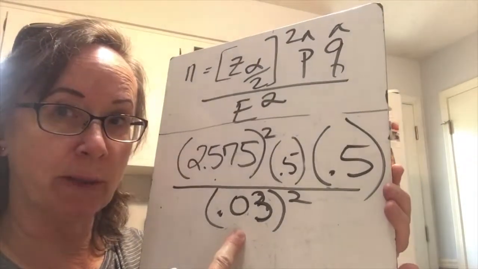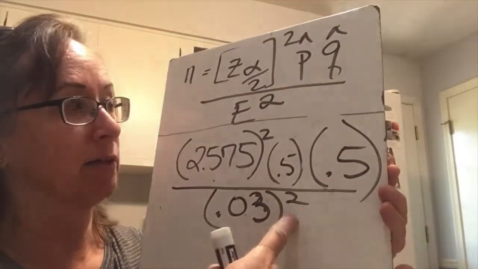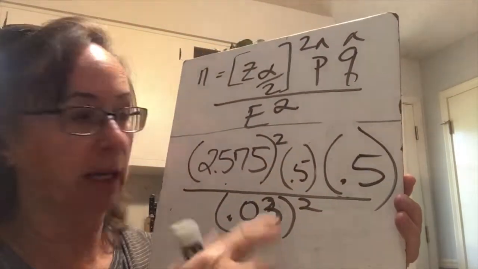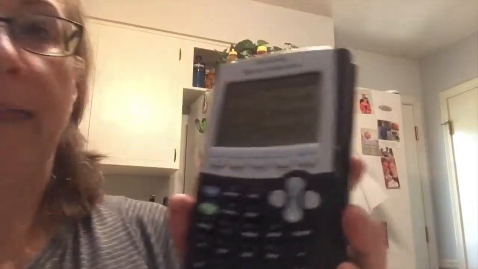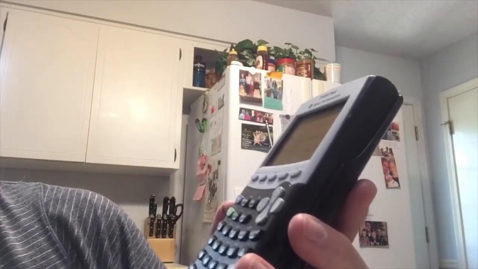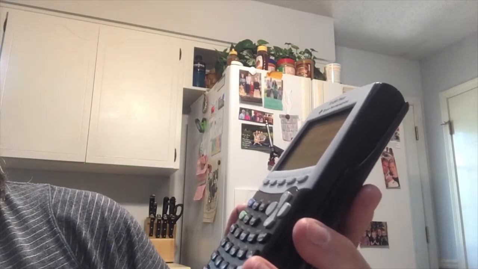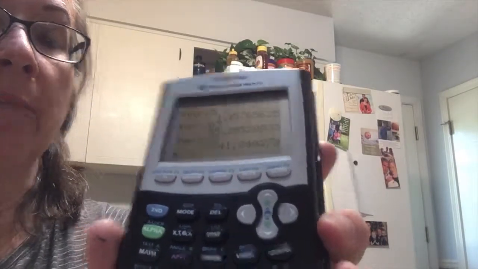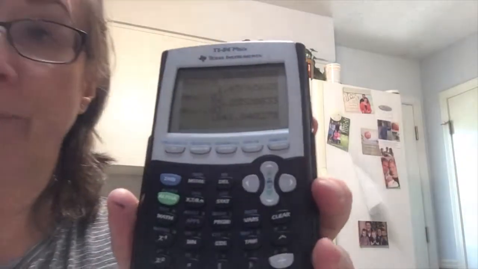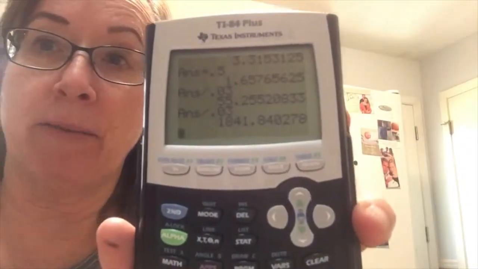Our error was 3%, so 0.03 squared, and that's my formula. So when I crank that out on the calculator, I get 181,841.8. Okay, so rounding to the nearest whole number, I'm going to get 1842. All right, so that will be my answer for that one.